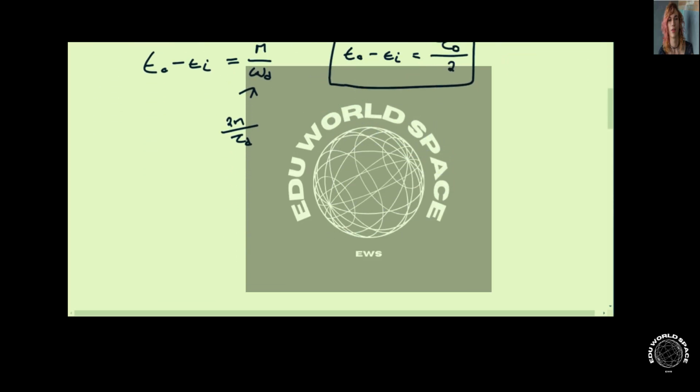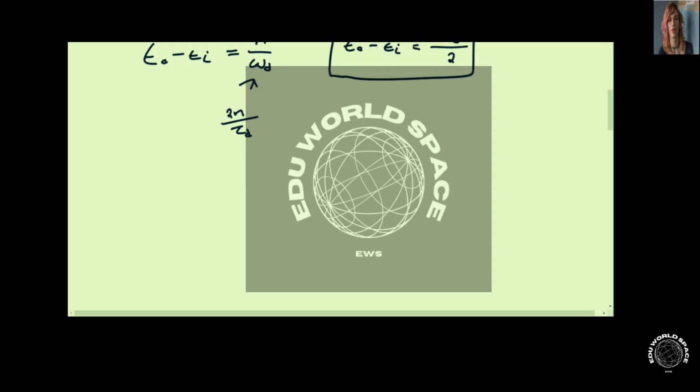And now for B, we have pretty much two zero displacements. So we have your t initial plus phi is going to equal pi, and your t initial here equals minus phi over omega d. Okay, and from this we have your next.